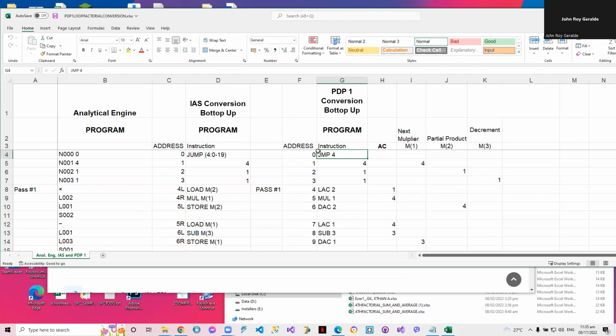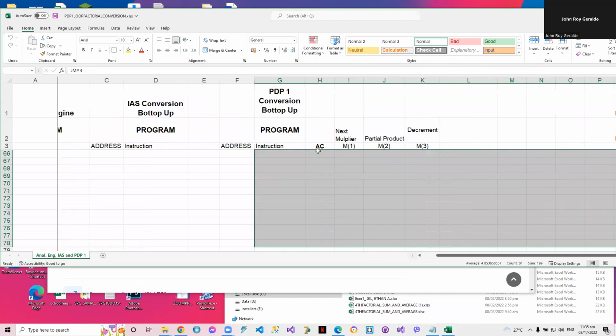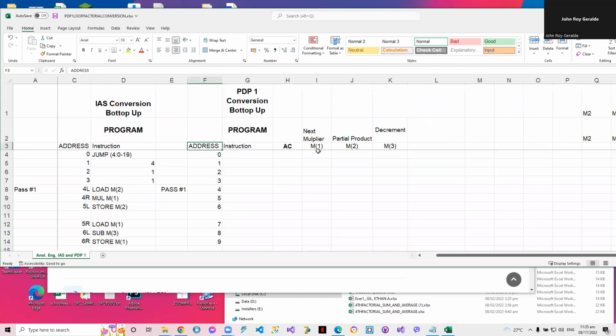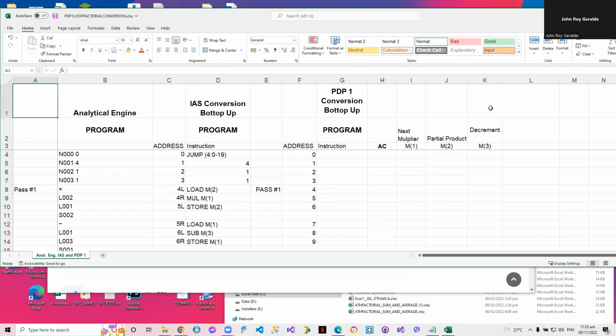We'll use the same. However, for the moment, I will erase all contents of the PDP-1 conversion of the bottom-up program for the fourth factorial with loop.